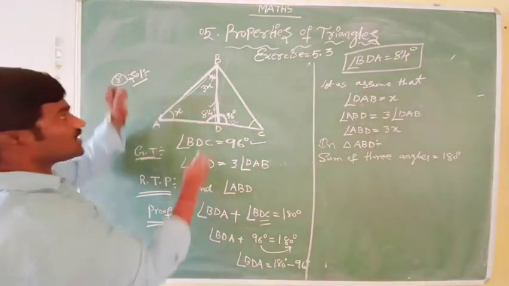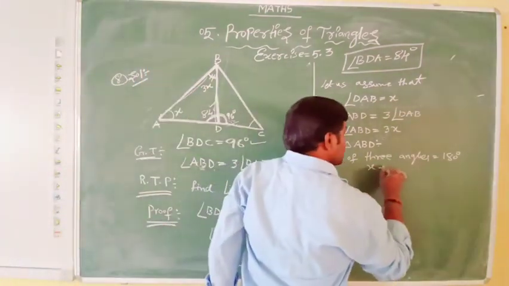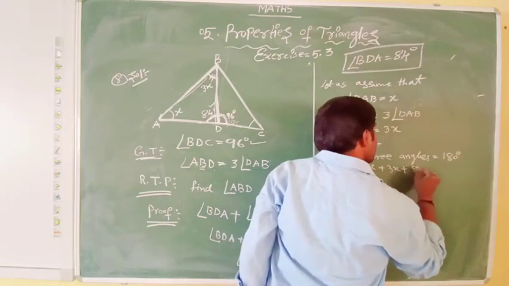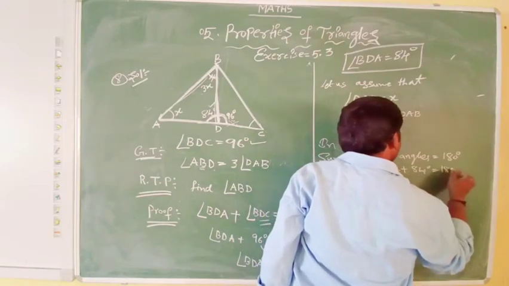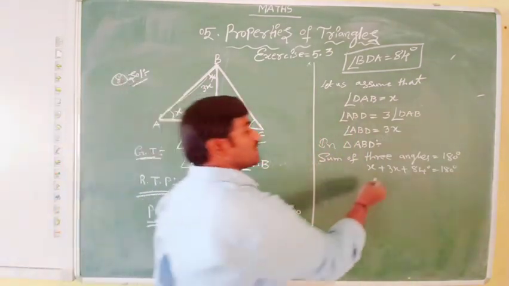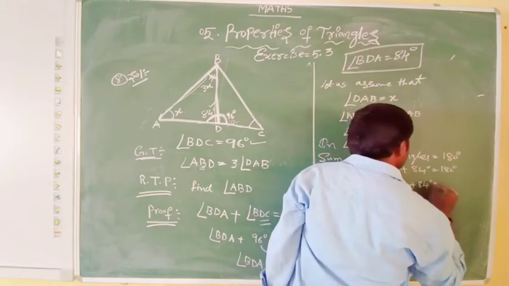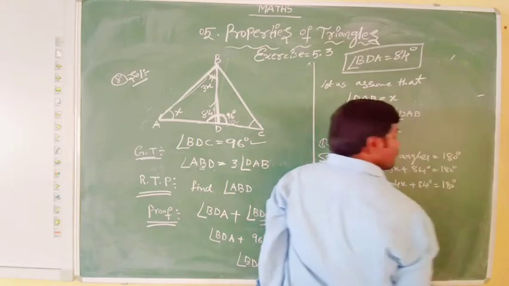What are the 3 angles? Let us add here: x plus 3x plus 84 degrees equal to 180 degrees. Yes, x plus 3x, that is 4x plus 84 degrees equal to 180 degrees.